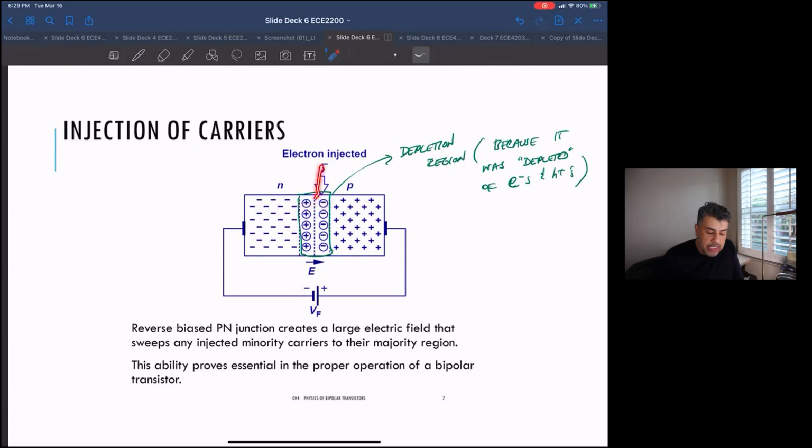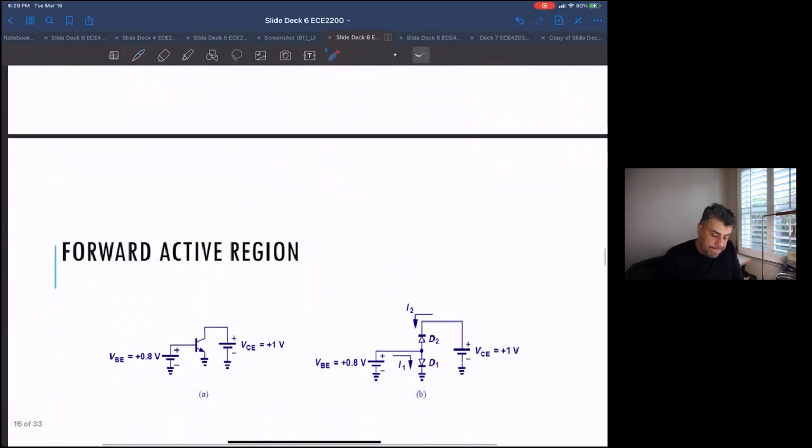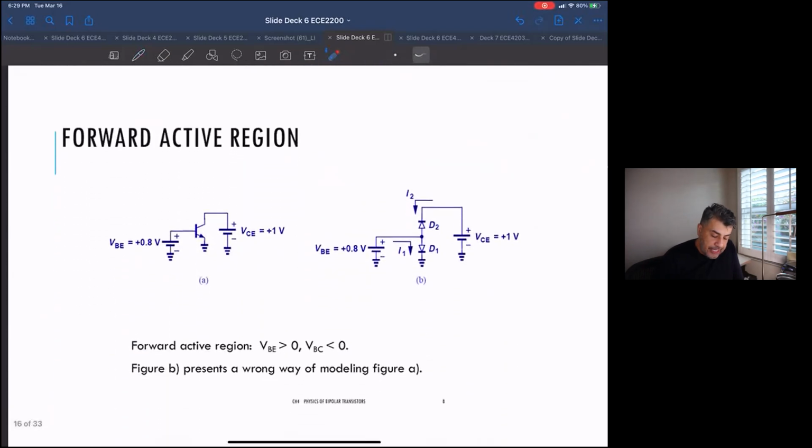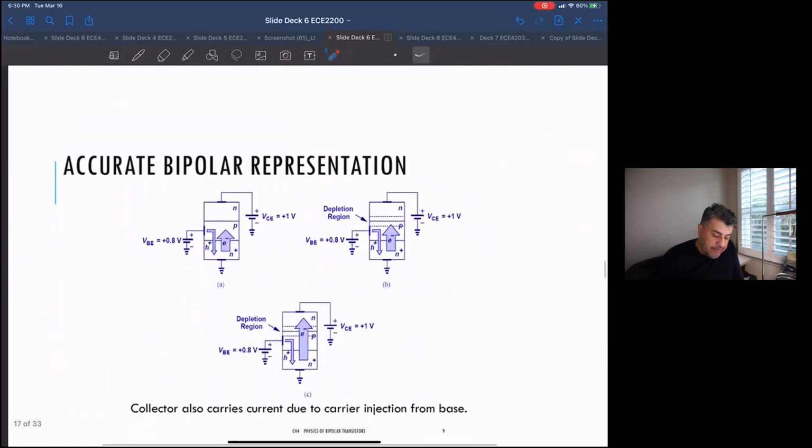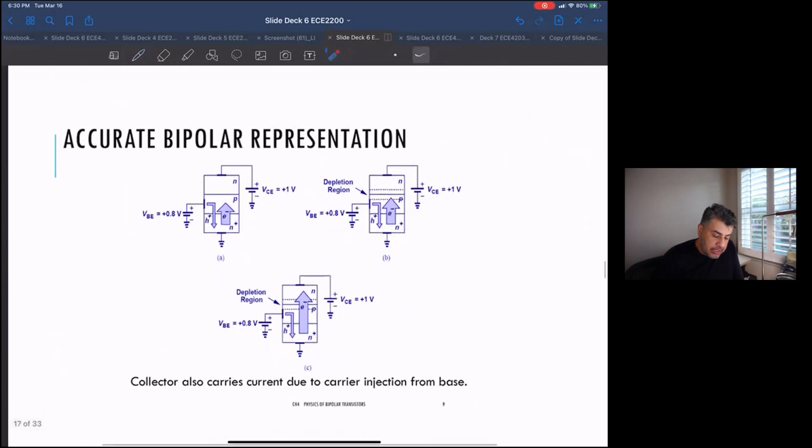So as soon as we get an electron injected here, it's going to start generating a current of its own, of these electrons going into the N side. If we could inject these things in there. And in fact, that's what happens when we have, let's just look at this.